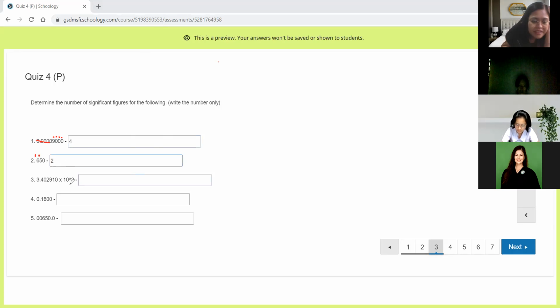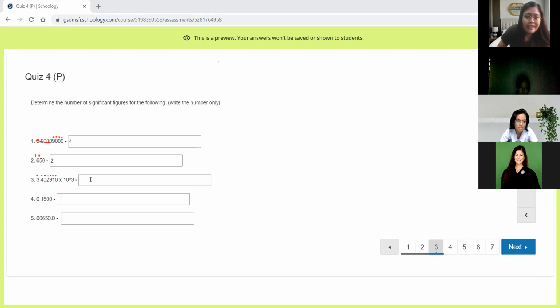Next, this is scientific notation. I cannot do the superscript, so I just put an arrow pointing up. So this is 1, 2, and take note, the 0 here is between digits, so it is counted as significant. 4, 5, 6, and the trailing 0 here is also significant because there is a decimal point.